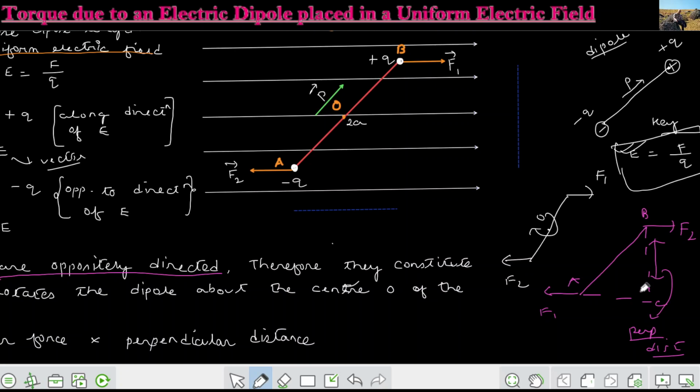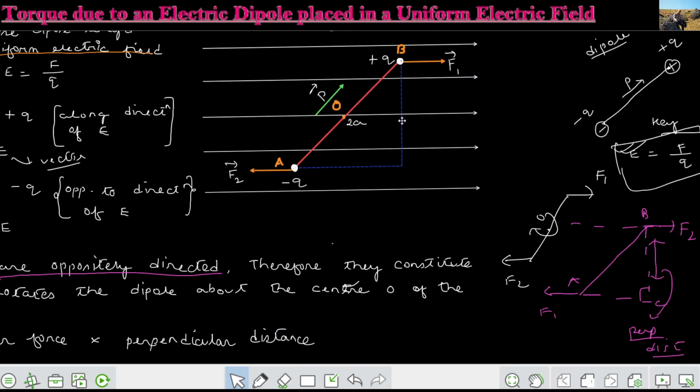Why is it the perpendicular distance? Because BC is perpendicular to the forces F1 and F2. To find the perpendicular distance between F1 and F2, you have to drop the perpendicular. Let me complete this diagram, bringing this portion over here and this portion over here.